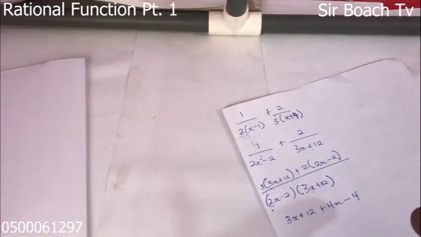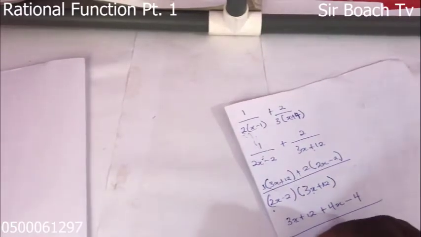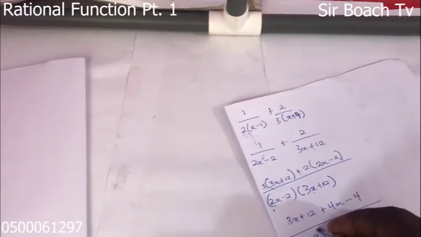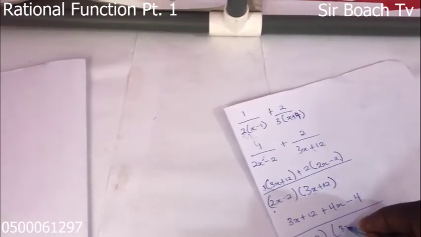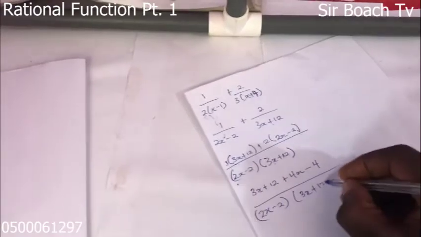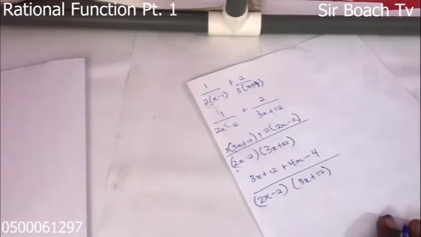So we get minus 4 over there. So now let's continue. Over the denominator, 2x minus 2 in one bracket, and also 3x plus 12 in another bracket.